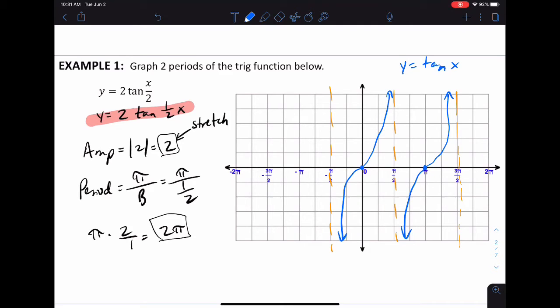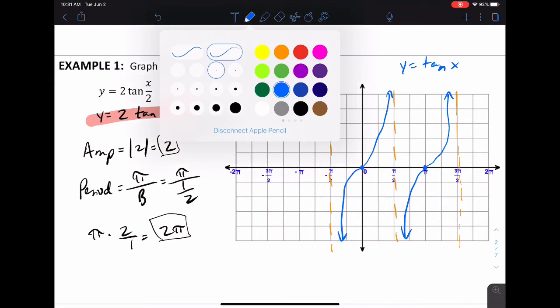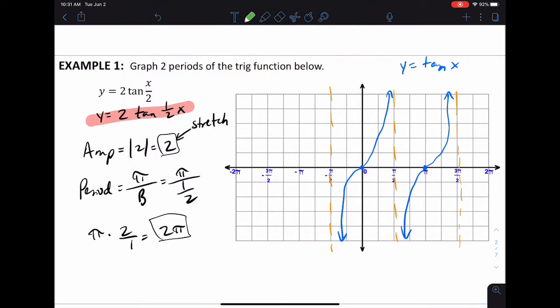Okay. So now what I've got to do is figure out what transformations are taking place. Well, first of all, amplitude is 2, so it's going to be stretched. Period is going to be 2 pi as opposed to 1 pi like it regularly is. So it's going to be a little wider. It's going to start in the same spot because it's not being shifted right or left. There is no phase shift.